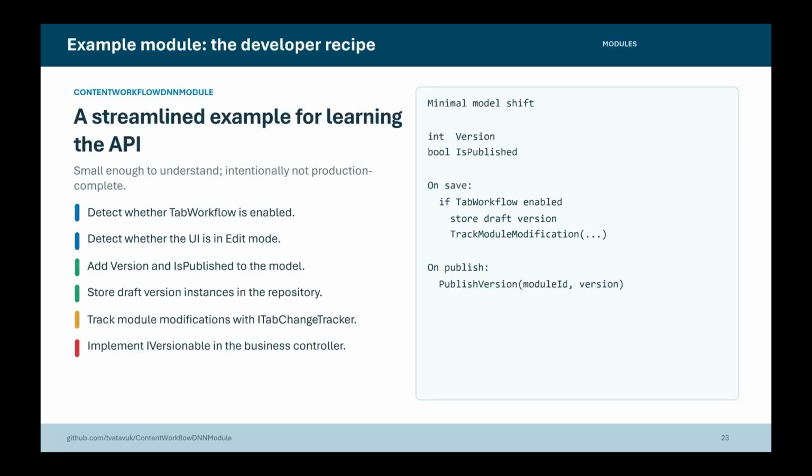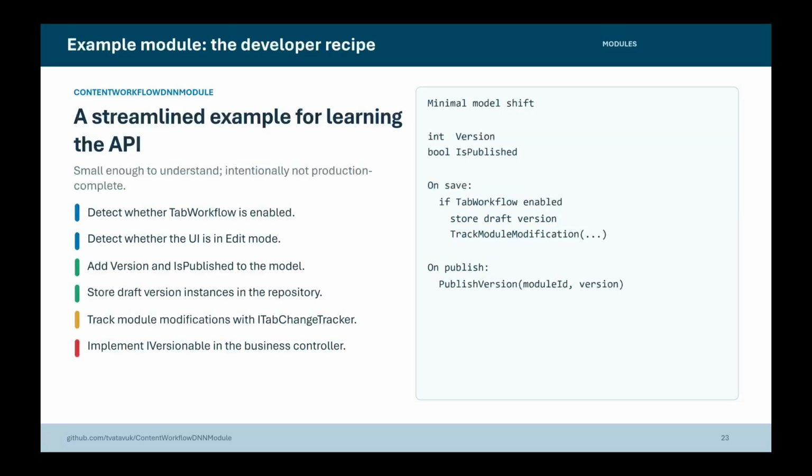So, just to see how to do it, I quickly created a DNN module from the DNN module templates, those ones that you can have in Visual Studio. I don't know who created the latest version, but it just creates a very simple HTML edit-like module. I deleted everything unnecessary from it and just added those workflow functionalities.